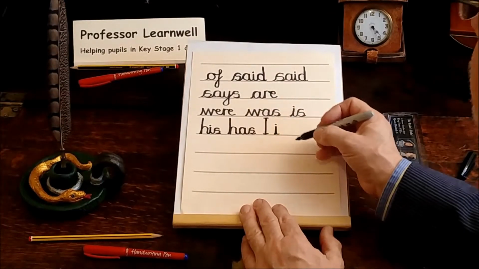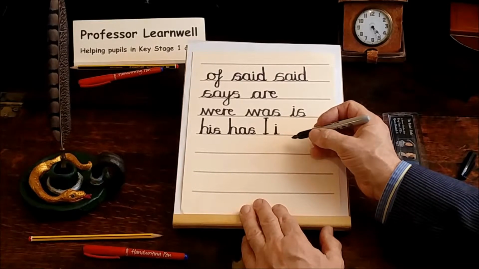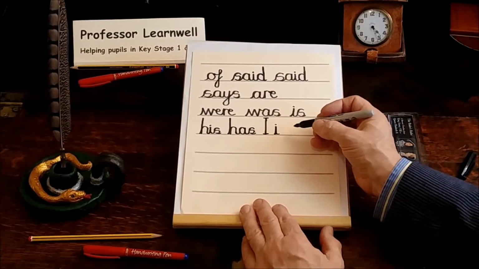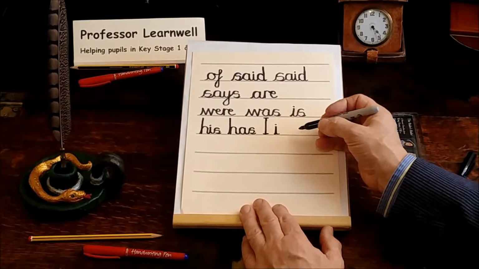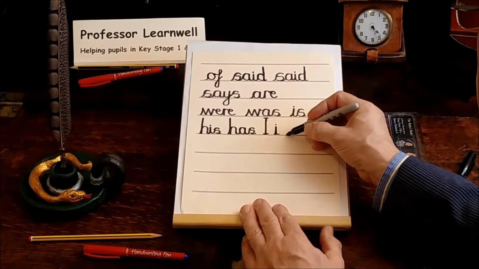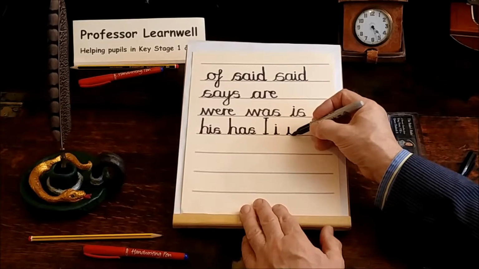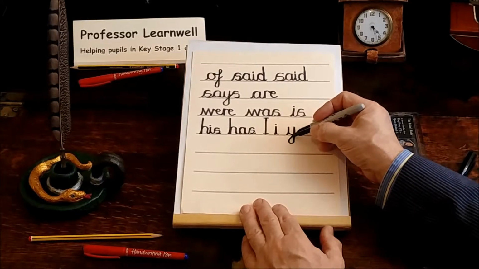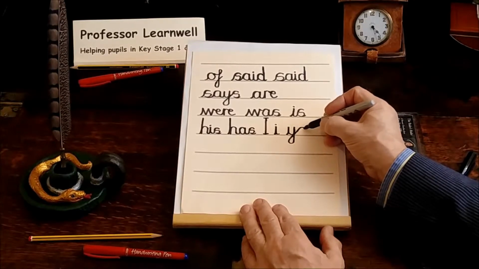Now, that is the word that your child would learn as a common exception word. Now, our next two letters are both Y, because we're going to write the word you. On the line, up, down, bounce back up, down, continue below the line, loop to the left, cross over to the right, going to form the letter O. Almost round, back on ourselves.